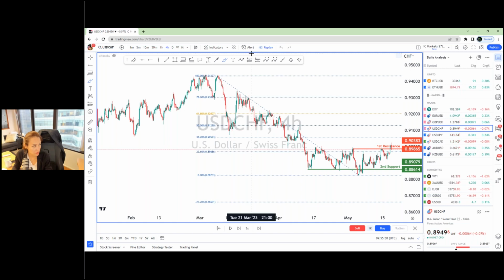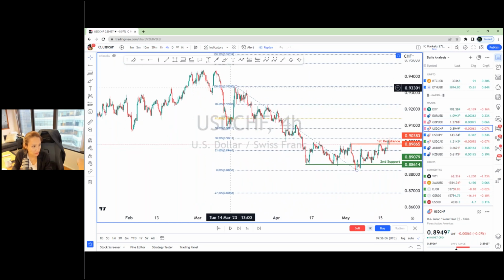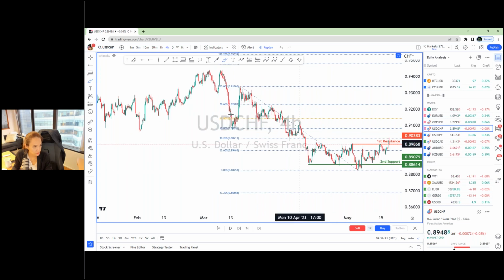So where am I going to draw my retracement? I draw from here, because I'm not using this one. Price has already pulled back, retraced very deep from here to here already. So I'm not using that. I use from here to here, and this is my low here.